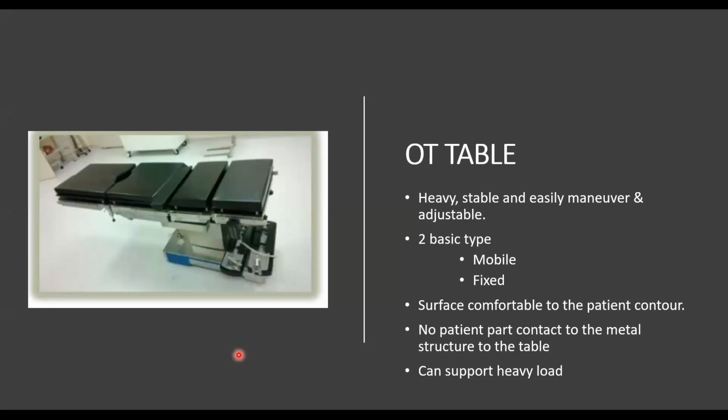And if possible, there shouldn't be any metal in contact with the patient's body. It is important as well, now we have a lot of patients with obesity, so the OT table must also support heavy load. Usually in our setup, the normal OT table can support up to 180 kilograms, I think, something like that.